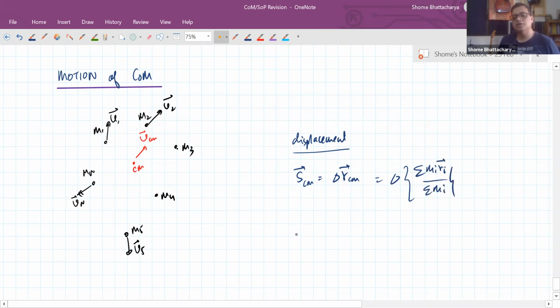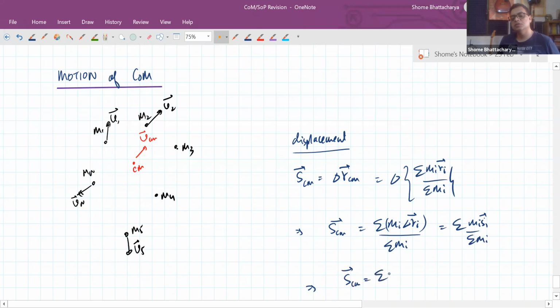So now because the masses of our particles are remaining constant, we can see that this further becomes summation of m into change in position divided by summation of m. So it becomes summation of m into displacement divided by summation m. So the formula that we get for displacement is summation m into s for individual particles divided by summation m for the whole system.